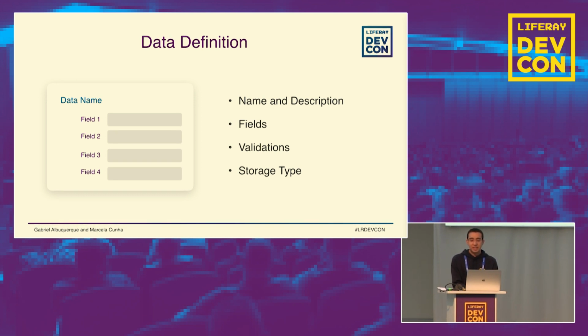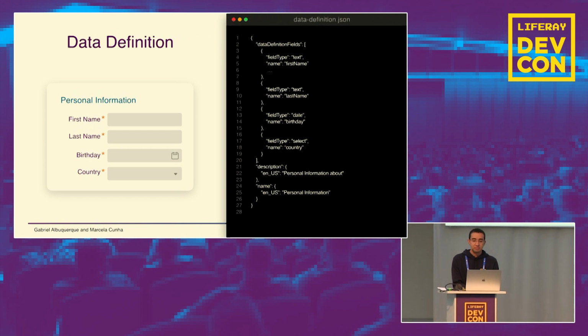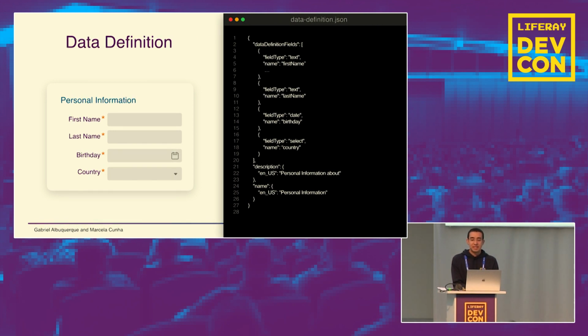You have validations and storage type. And that's the JSON to define your data definition. Here, you define the data definition fields, like the field type, text, date, select, or whatever, and the name of the field. And of course, you can define the description and the name of this data definition.